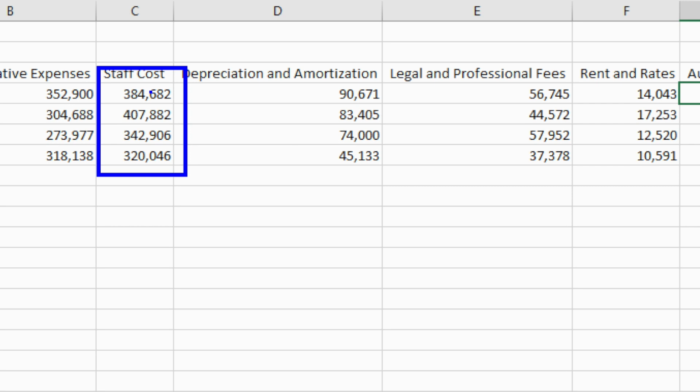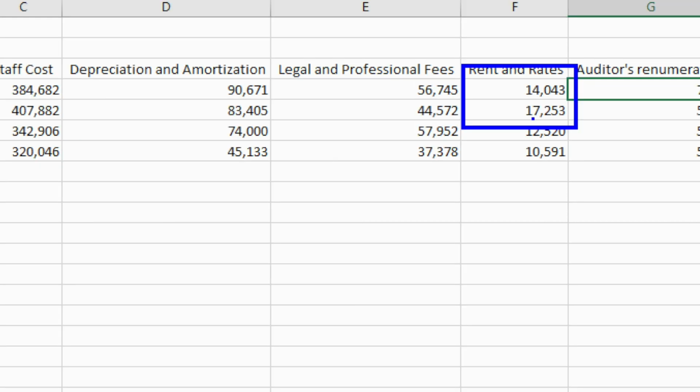Now in 2022 it was 17 million. Remember, this is in thousand, so 17 million in 2022, but in 2023 it dropped to 14 million. So we could see that, like I mentioned before, maybe they have switched from leasing to owning their own.